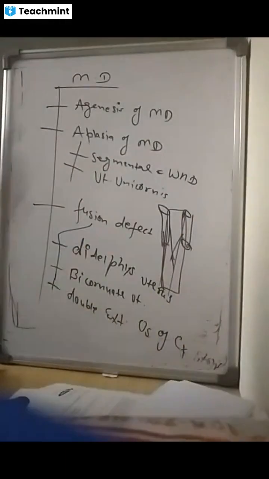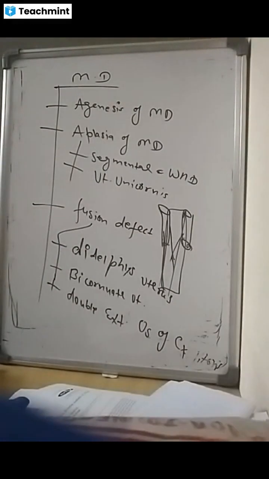These are the anomalies which are related with the Mullerian duct.